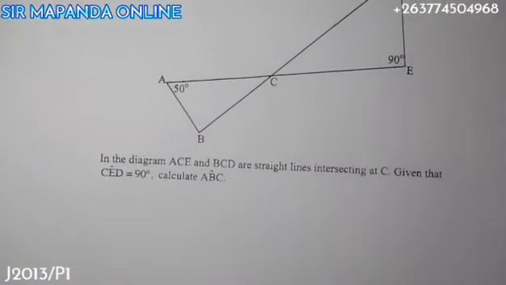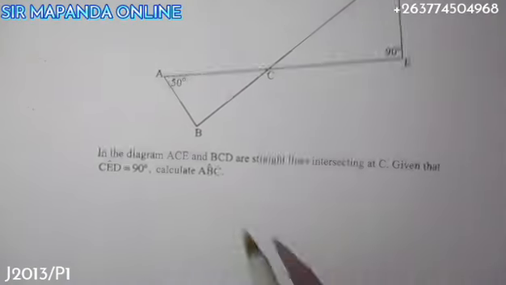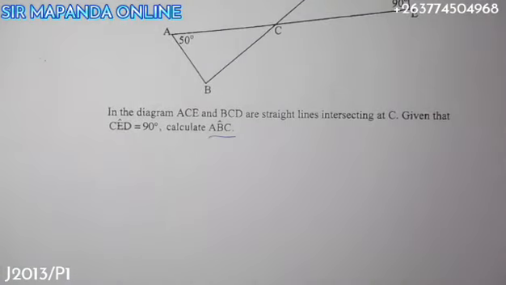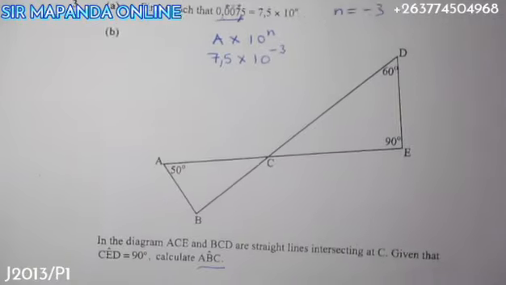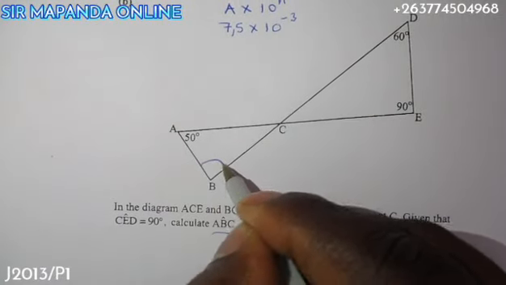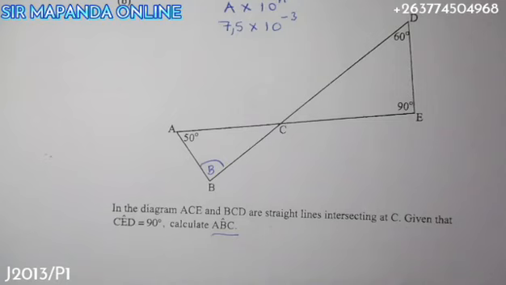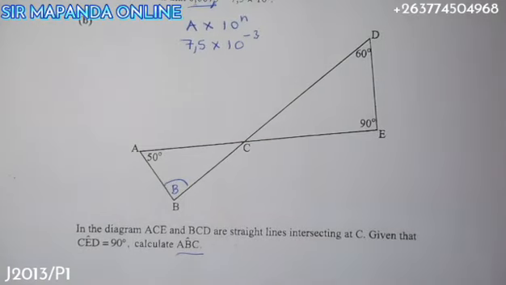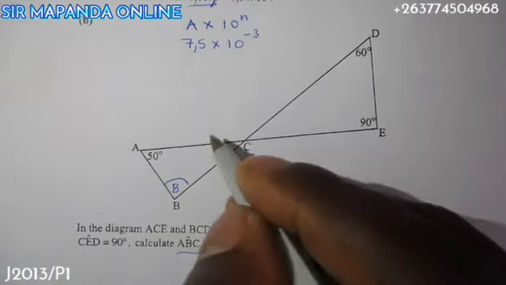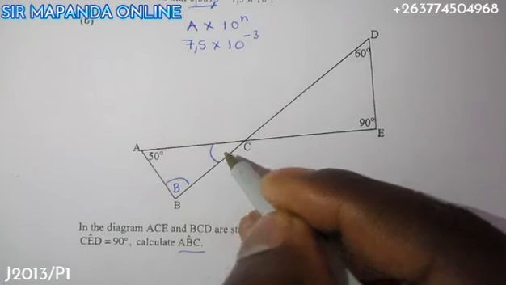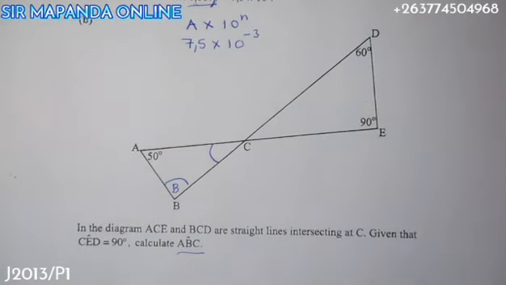Then you move on to part B. Calculate ABC. Which angle? This is the targeted angle. At B, they want you to calculate that angle. So for you to calculate angle ABC, you need to first of all find the angle at C in the smaller triangle.